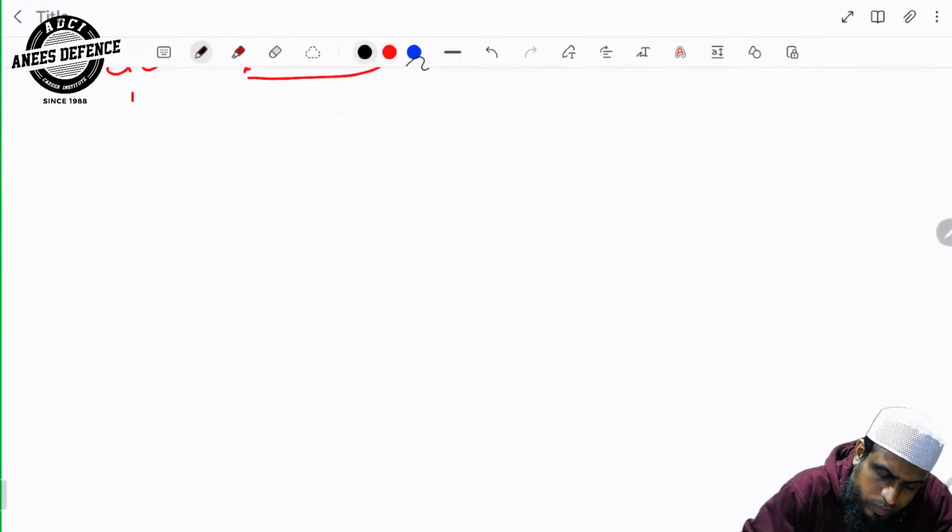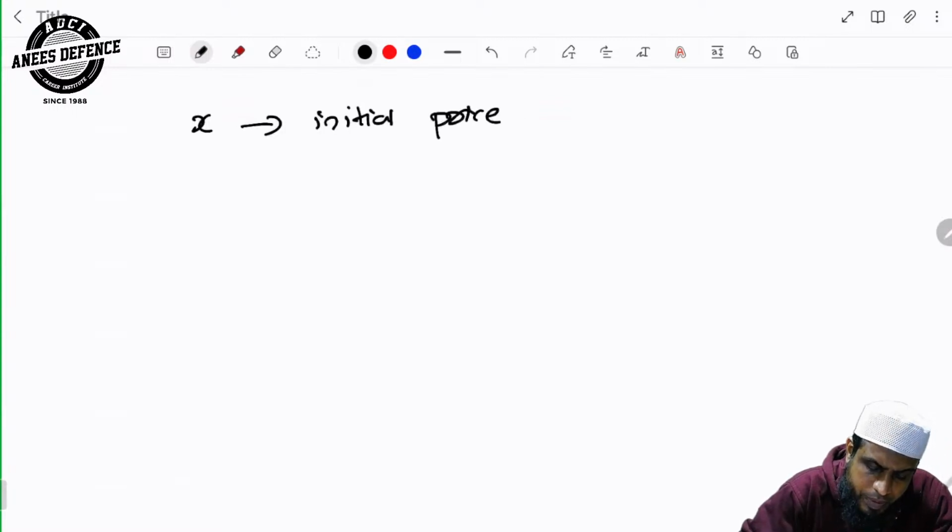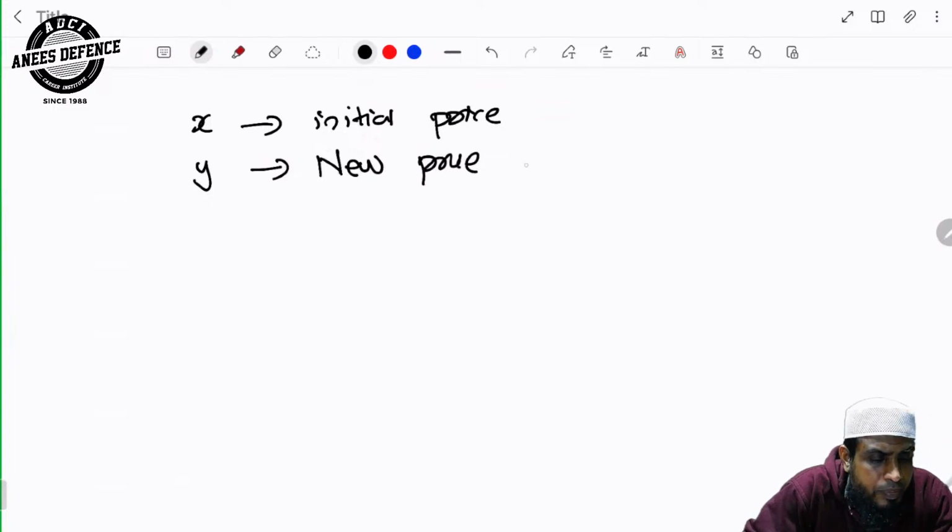initially X is the initial price. New price is Y. Then X by Y is given as 9/13.